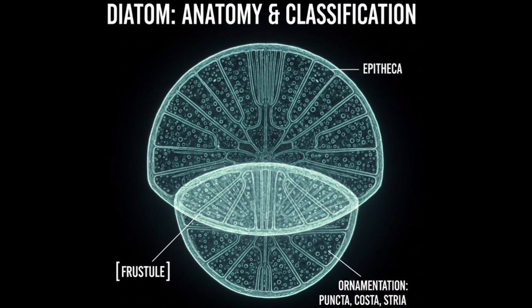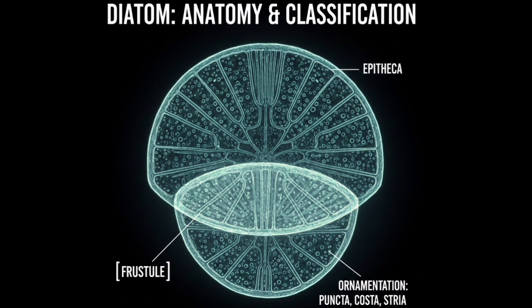The larger, outer portion is the epitheca, whereas the smaller, innermost portion is the hypotheca. Ornamentation is also there: the surface of the frustule is covered in patterns of pores, known as puncta, ribs, known as costae, and lines, known as striae. These patterns are very unique to each species.